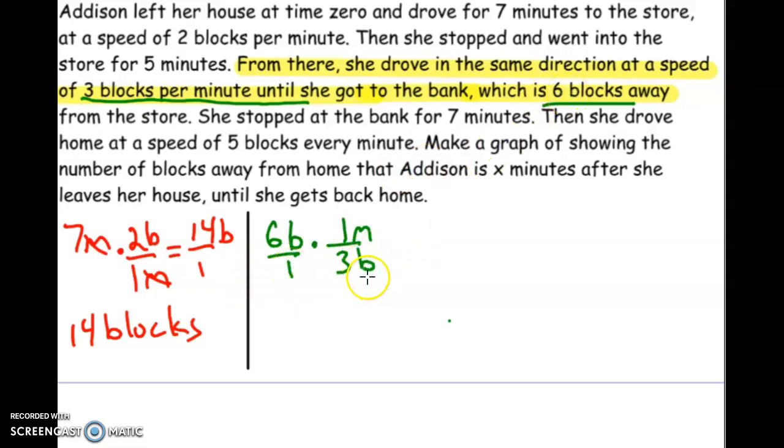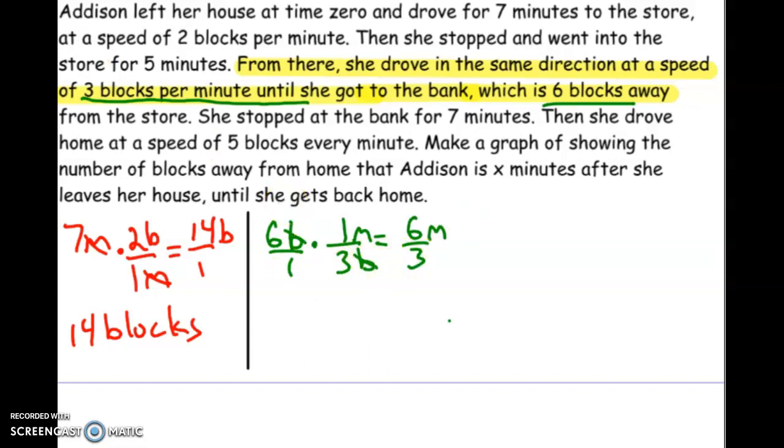Now, instead of saying blocks over minutes, like 3 blocks per minute, I'm doing 1 minute every 3 blocks so that the B's can cancel out, similar to the M's canceling out. Now I just multiply across the numerator and the denominator, canceling out my B's. 6 times 1 is 6m, and the b is gone. 3 times 1 is 3.